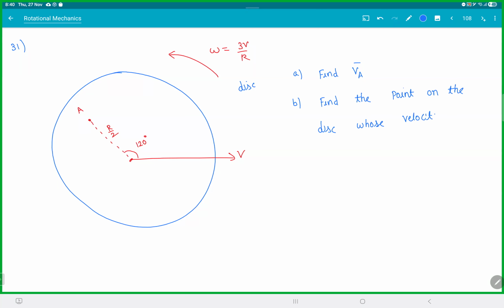So the velocity should point in the upward direction. I can even ask you to find the point where the velocity is 0, something of that sort. But anyway, there will be some point on the disk where the velocity at that instant is pointing upward. Same story: split the motion into translation and rotation, finish it off.